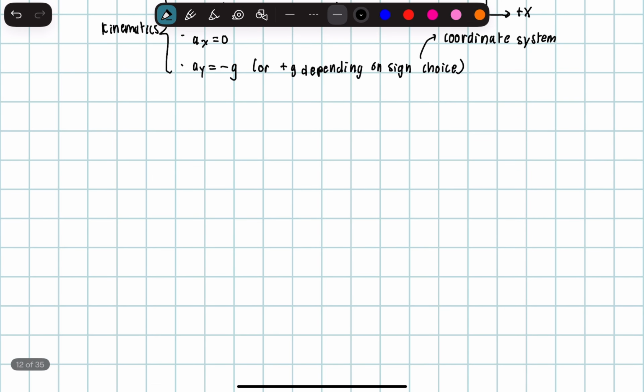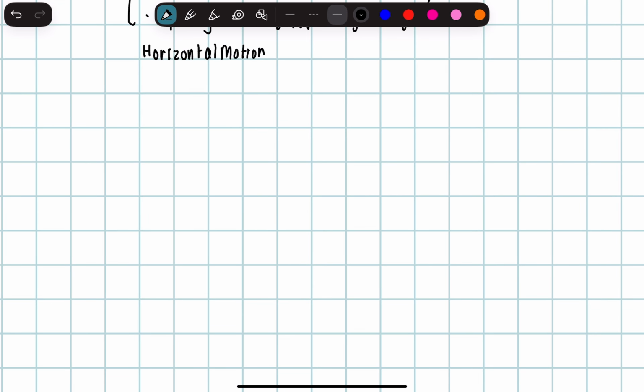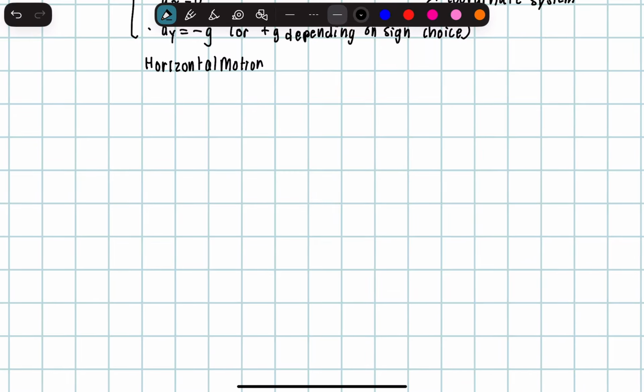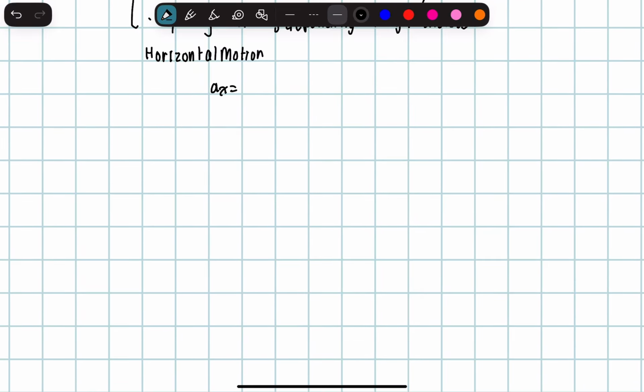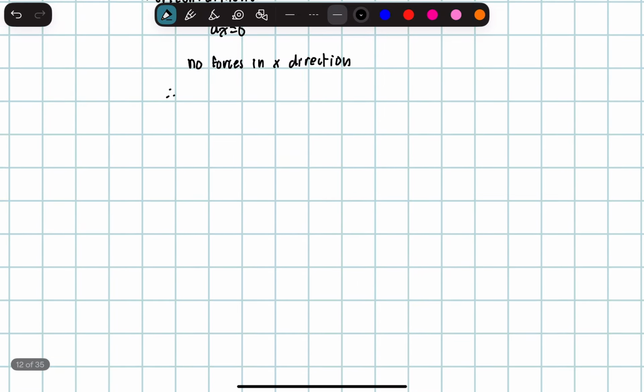Now, let's talk more specifically about the horizontal motion. So, are there forces in the x direction? There are no forces. So a_x is equal to 0. So because of this, we can say that velocity never changes, which can be represented as v_x is constant.